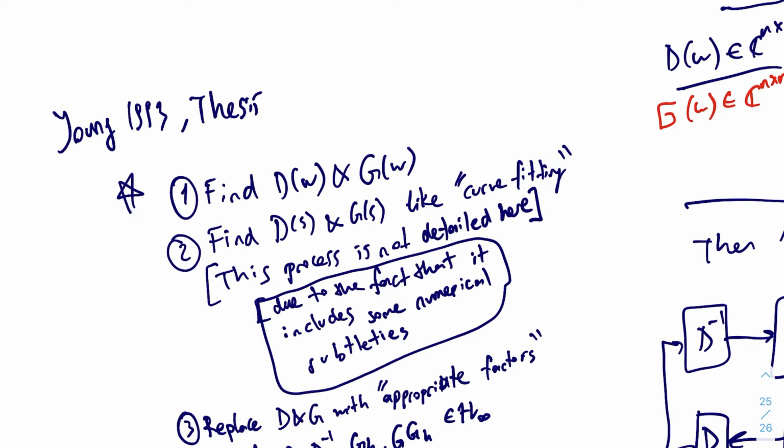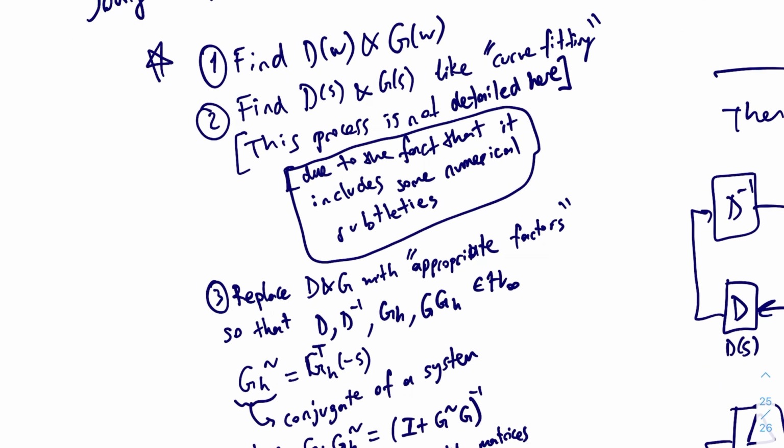In the second step, find D of s and G of s, like curve fitting, I said. This process is not detailed here, due to the fact that it includes some numerical subtleties, and I don't have the background for that. After we have D omega and G omega, we have a magic way of finding D of s and G of s. Let's take it for granted.